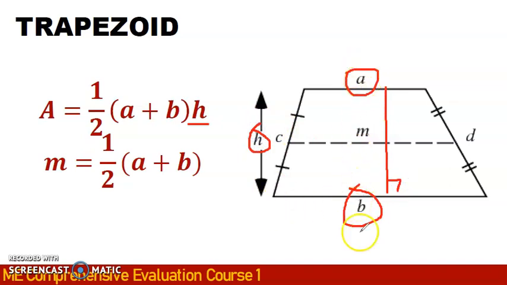So A plus B times height divided by 2. The median, this part here, is equal to 1/2 (A plus B). So as you can see, the area is just the median times the height.